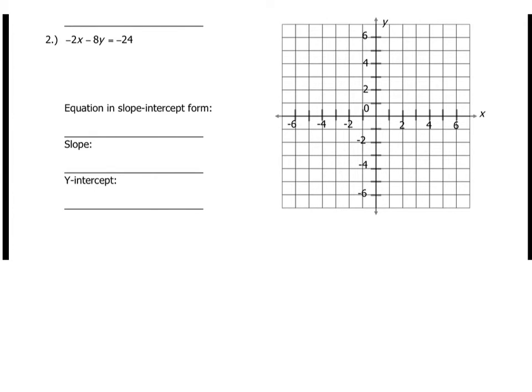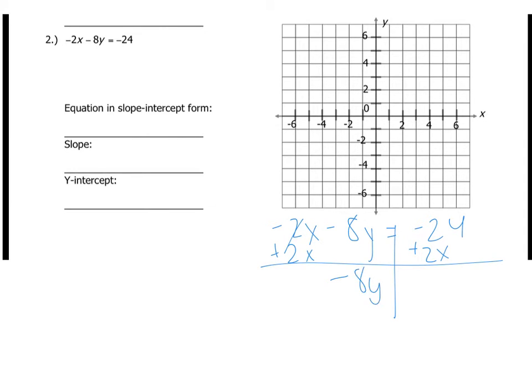So again, we need to solve for y. So I have negative 2x minus 8y equals negative 24. We're going to add 2x to both sides. So now I have negative 8y equals 2x minus 24. Divide everything by negative 8, and y equals negative 1/4 x plus 3.